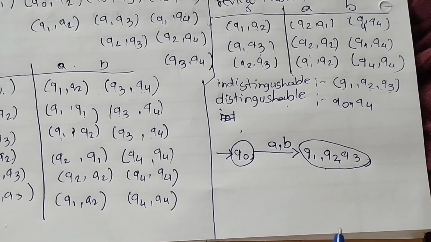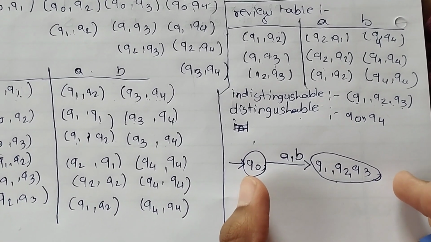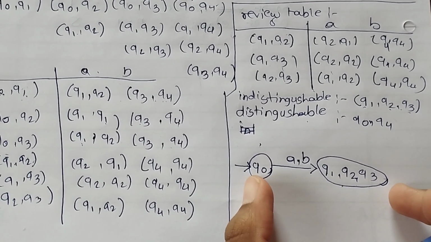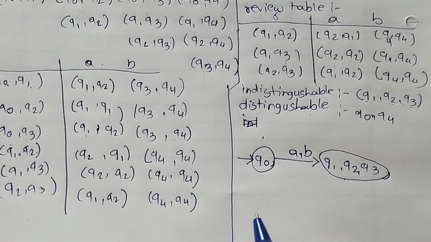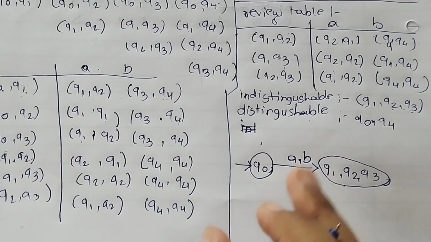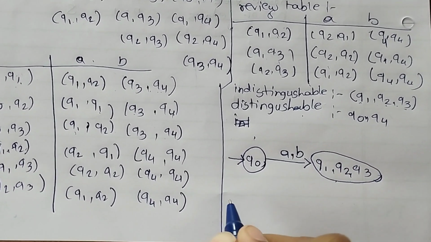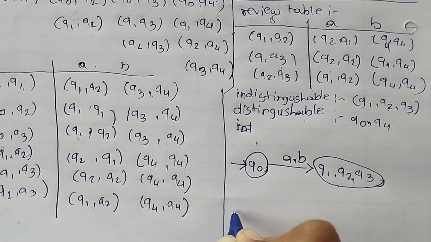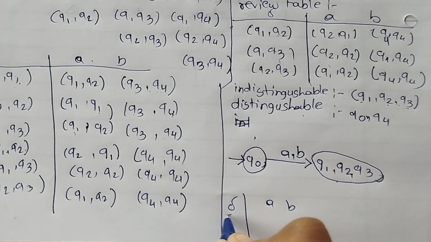Now if we think this is the hardest process, then again we draw one transition table. First we write all the transitions and then draw this DFA, and this is also simple. So now I draw delta, A and B. I start from Q0.